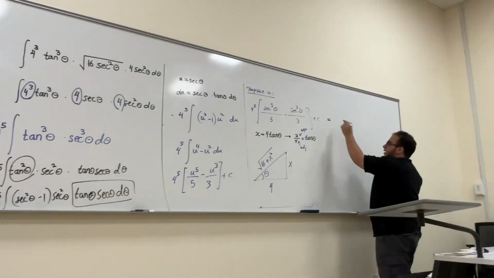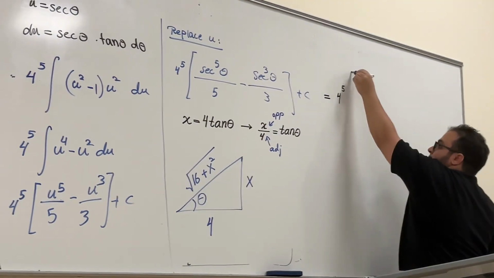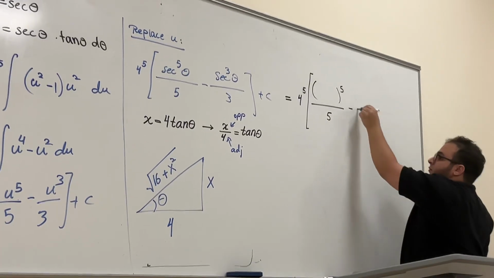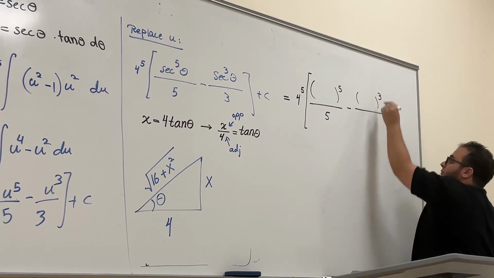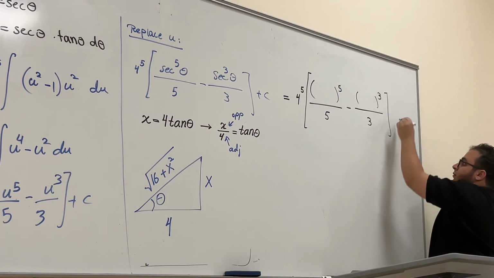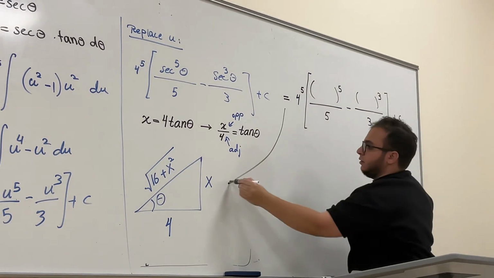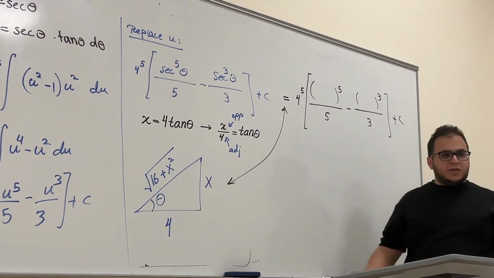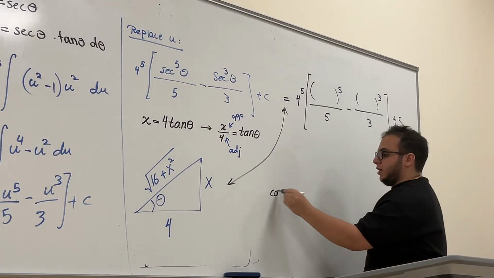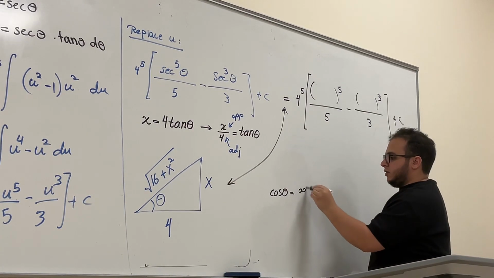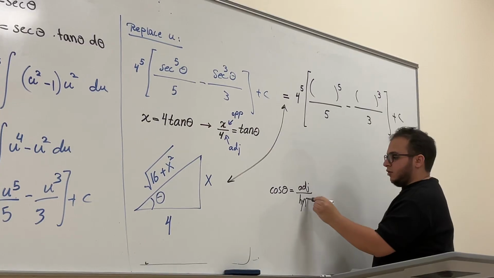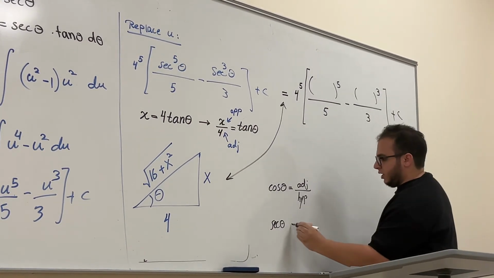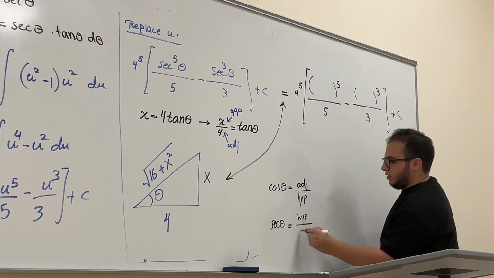So now I can replace secant. This is from the triangle. Now maybe I don't remember secant. If you don't remember secant, that's fine, but you should remember cosine at least. It's adjacent over hypotenuse, right? So what's secant? The reciprocal of cosine, so it's hypotenuse over adjacent.